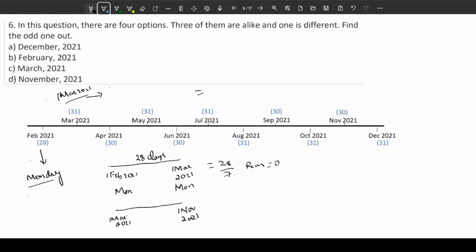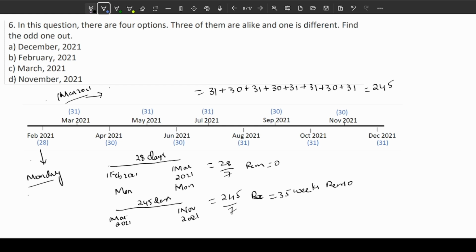The number of days is going to be 31, which is March, April, then May, June, July, August, September, and October. This amounts to 245. Now we know that there are 245 days between 1st March 2021 and 1st November 2021. When we divide 245 by 7, we get 35 weeks exactly with remainder 0. Hence, November also starts on a Monday.